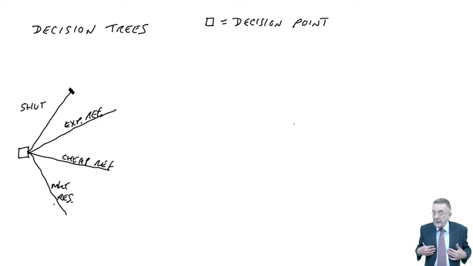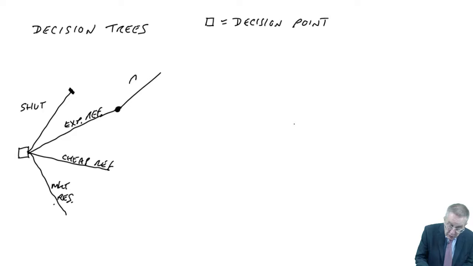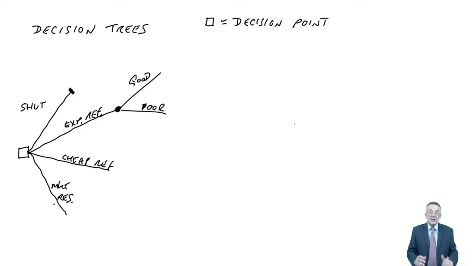Now, that's not our choice. That's what's uncertain. But do expensive, and either there'll be a good result or there'll be a poor result. Now, again, I'll worry about the costings later, but all for the moment I'm trying to do is look at the various possible outcomes.